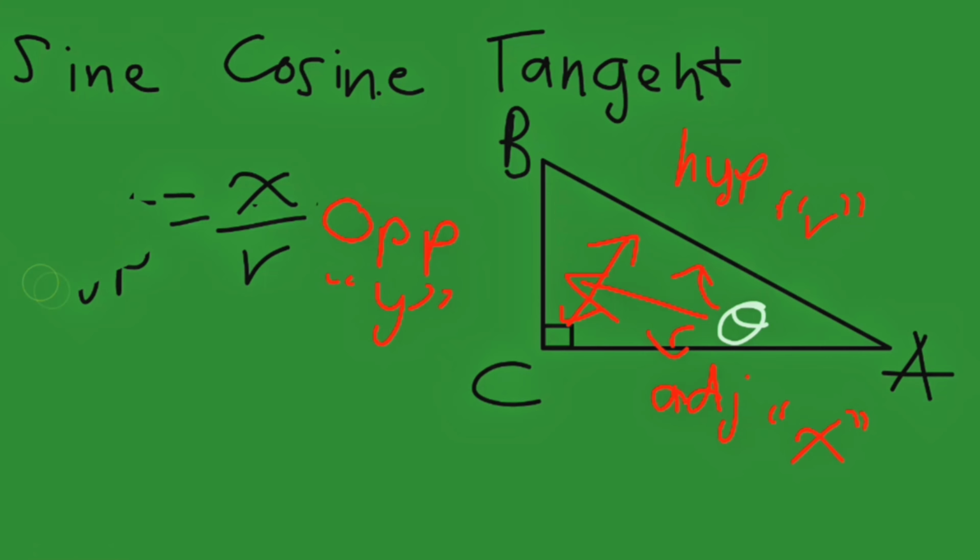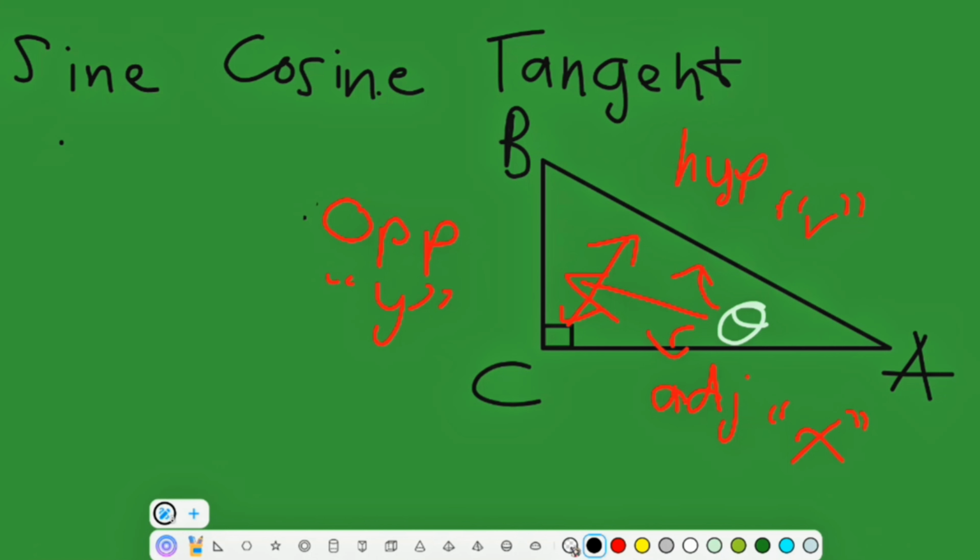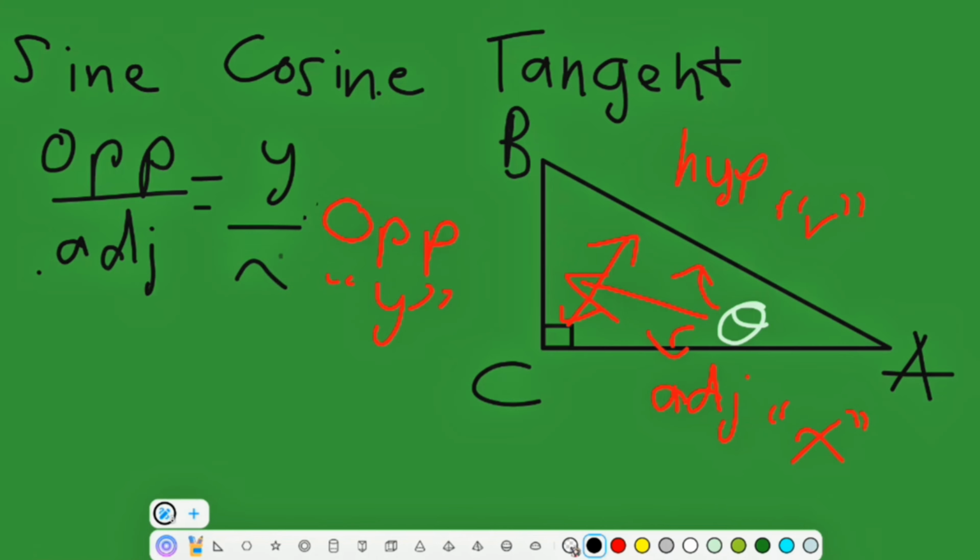The last trig ratio, which is tangent, is equal to the opposite side over the adjacent side, or in simple terms, y over x.